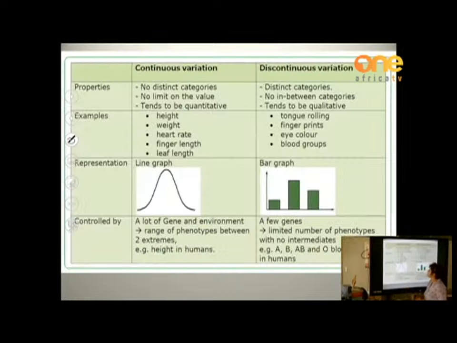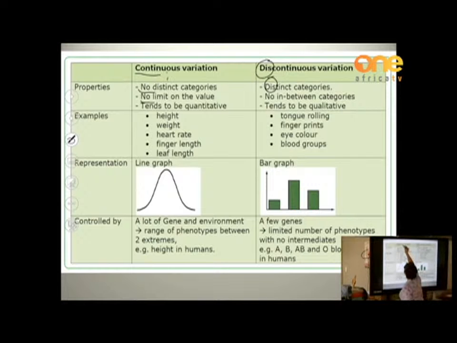Now, good. So here we have a nice summary to help us to remember. Properties: continuous, no distinct category, no limit on the value. Now, the discontinuous: distinct category, there's no in-betweens.